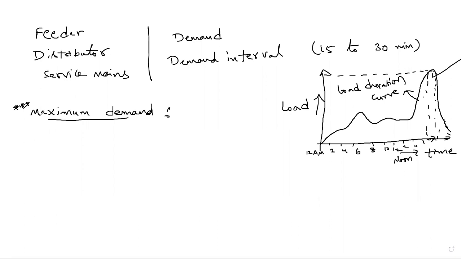Now the maximum demand is the maximum load, in kilowatts, that can occur in a specified time period. The maximum load that occurs in a specified period of time is called your maximum demand.